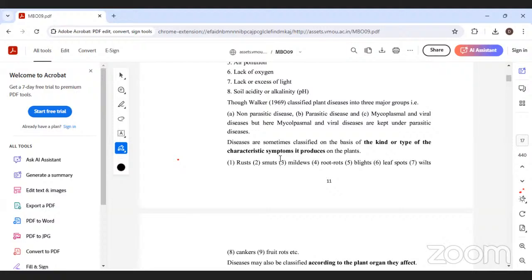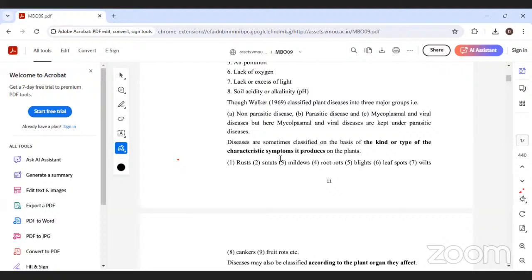One is the non-parasitic disease. The second one is the parasitic disease. The third one is the mycoplasma or viral disease. But here, mycoplasma and viral diseases are kept under parasitic disease.